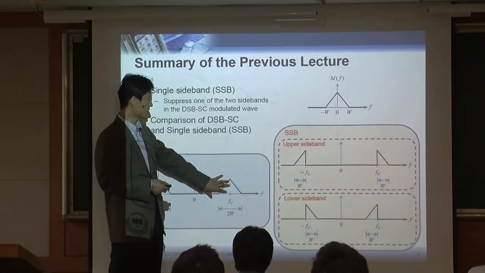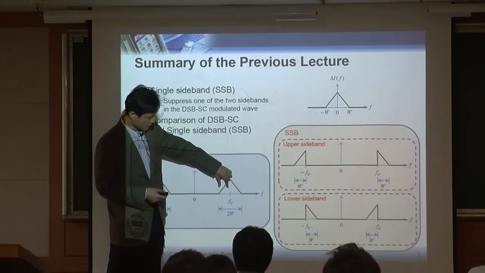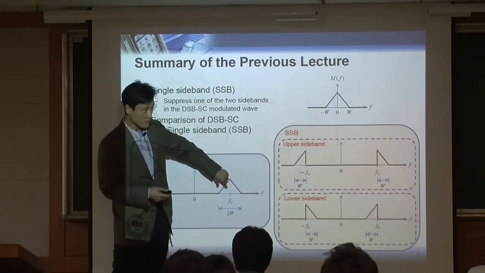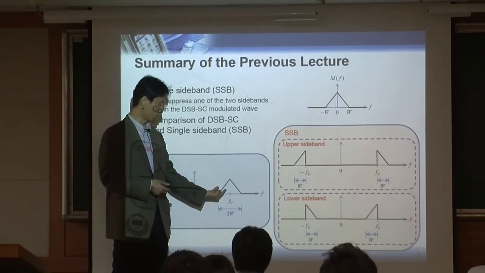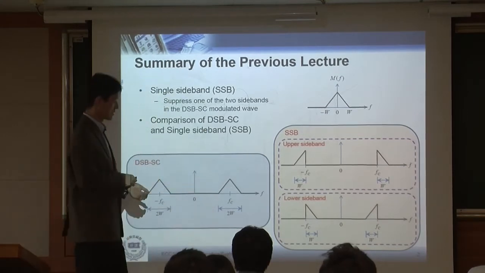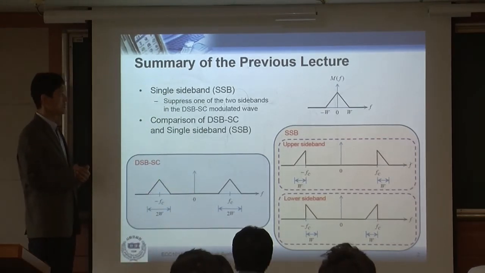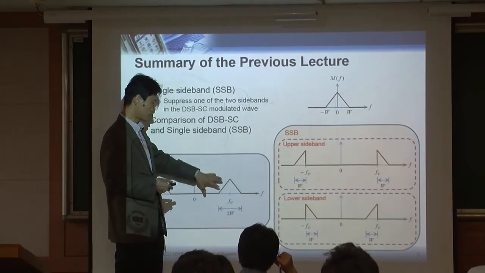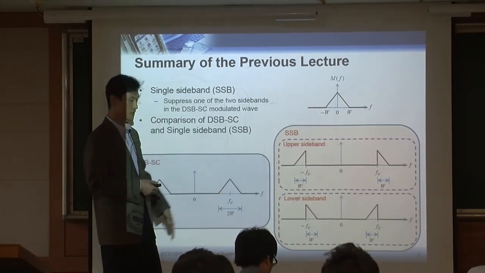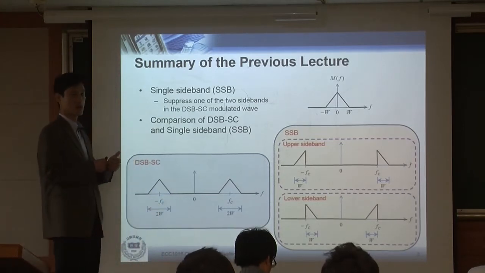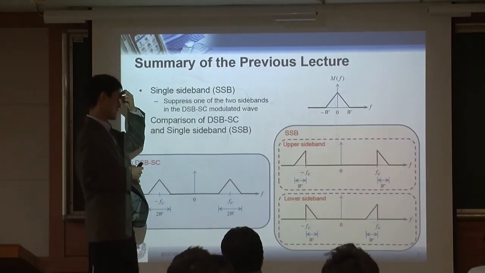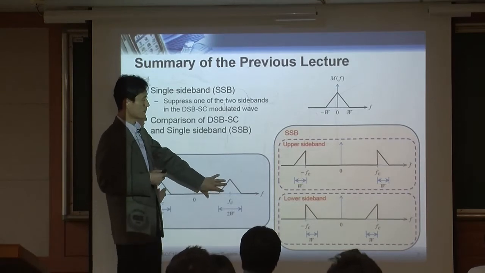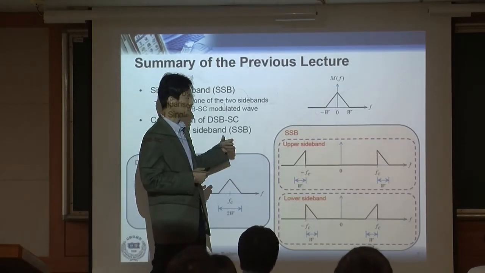Since both have the same information, it's kind of duplicate. But you can use this because you can simply make this DSB signal by multiplying the message with the carrier. Then you can make this kind of spectrum and transmit it in the air.